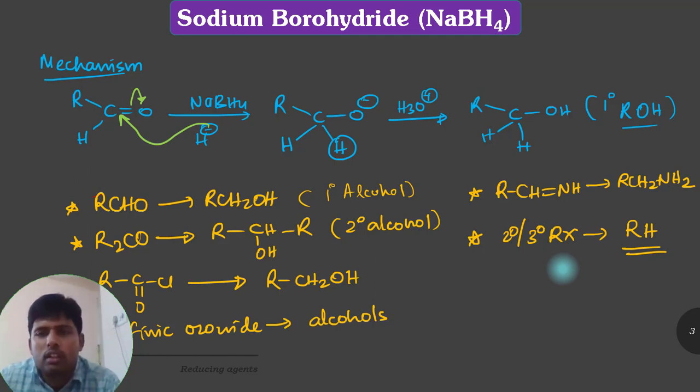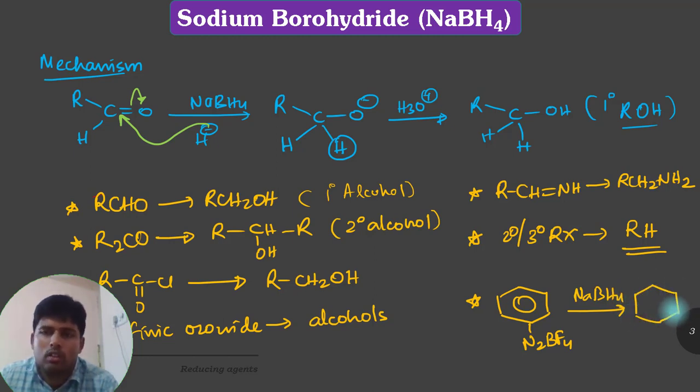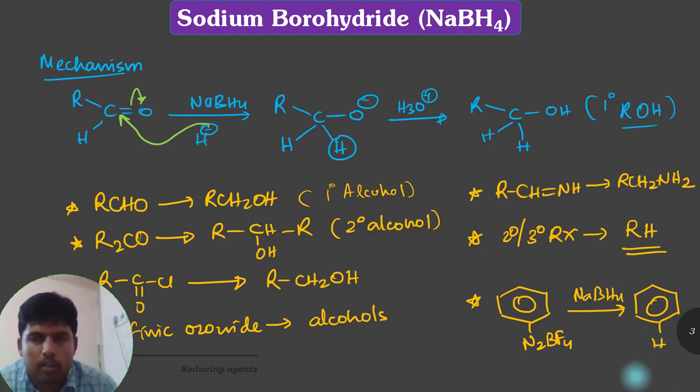Then another important application, which is again not dealt with in most textbooks, is its ability to reduce benzene diazonium salt like this to benzene. So this will also occur in presence of NaBH4. This is also possible.